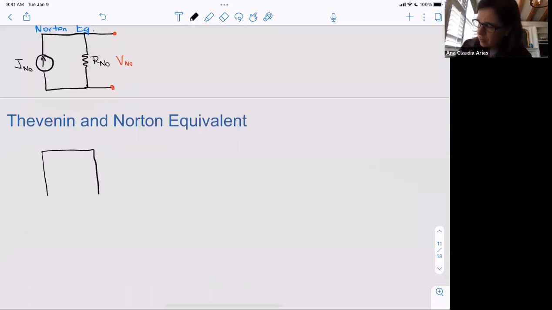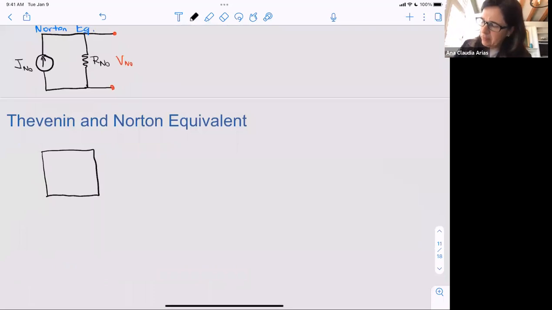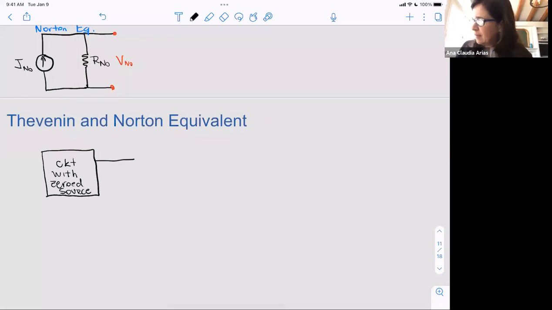where you have a circuit, you take any circuit that's given to you, and you say, you know what, I'm going to say that this circuit has 0 sources. That's the first thing that you do. And then you connect this circuit to a test.